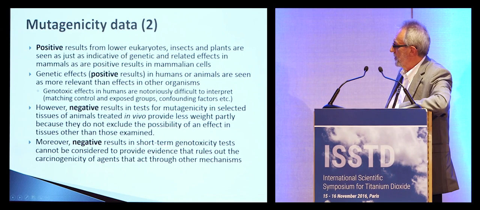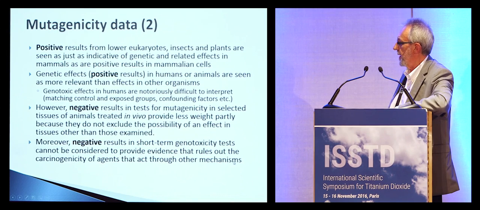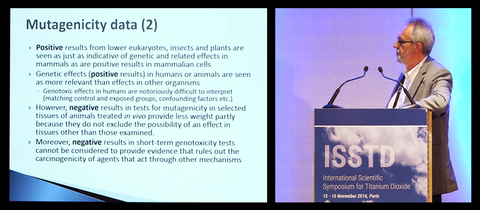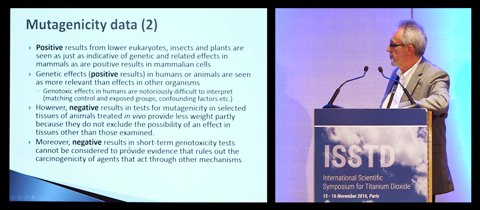Also, negative results in short-term genotoxicity tests in vitro, for example, cannot be considered to provide evidence that rules out the carcinogenicity of agents that act through other mechanisms. We cannot possibly cover every possible mechanism, every possible mode of metabolic activation in an in vitro test. So a negative result may be questioned in terms of its relevance, its predictivity of what might happen in the whole animal or in a human being.